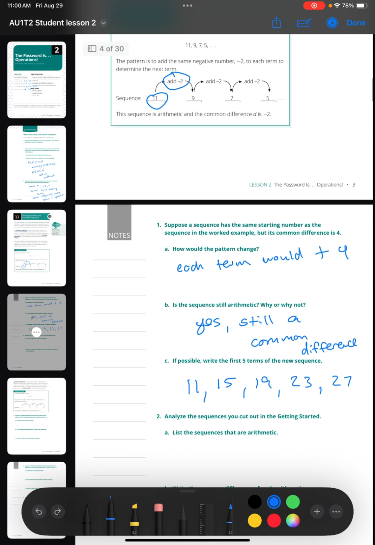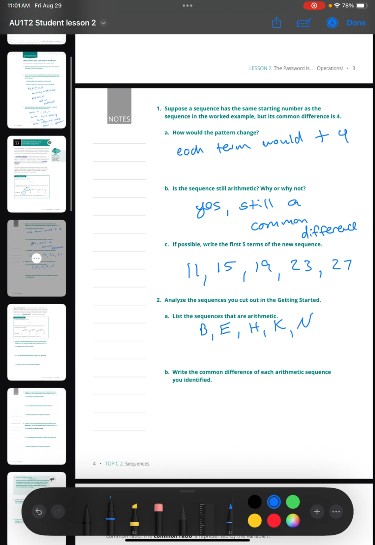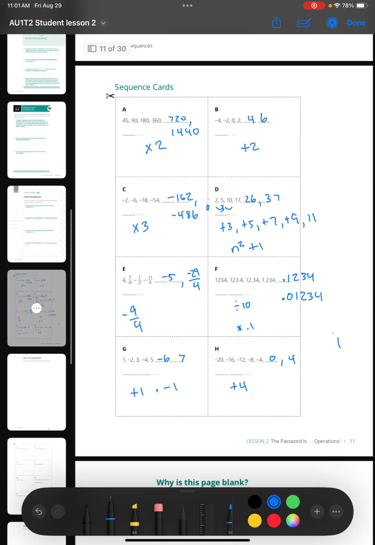All right, so looking down at the next question, analyze those same sequences that we just went through earlier, including the ones you did on your own, that had the page with letter I starting. List the sequences that were arithmetic, so the ones that were adding or subtracting the same number every time. And those were B, E, H, K, and N. So again, if I just go back down to those, for instance, B, we were adding 2.